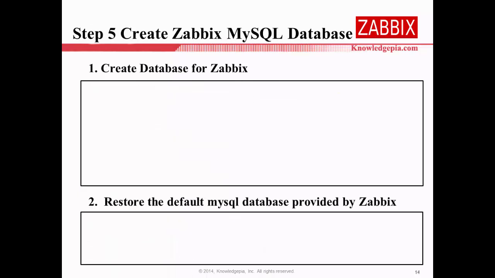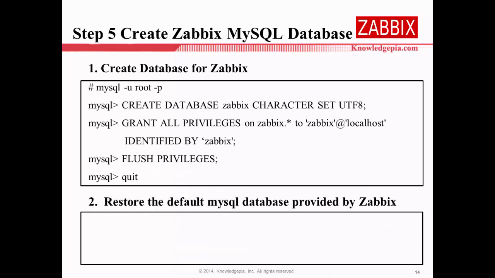Step 5, create the Zabbix database. So you need to create a database for Zabbix. In my case, I will use MariaDB. So you need to access your database using this command, mysql -u root -p and password. And after that, you need to create the database. In my case, I will use it like this.